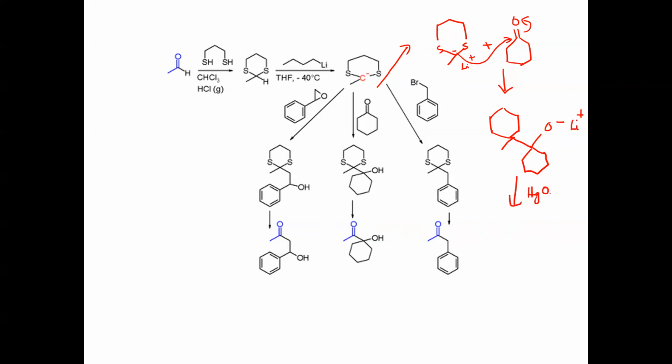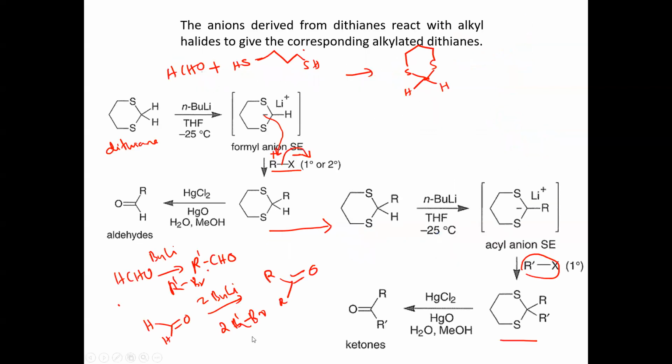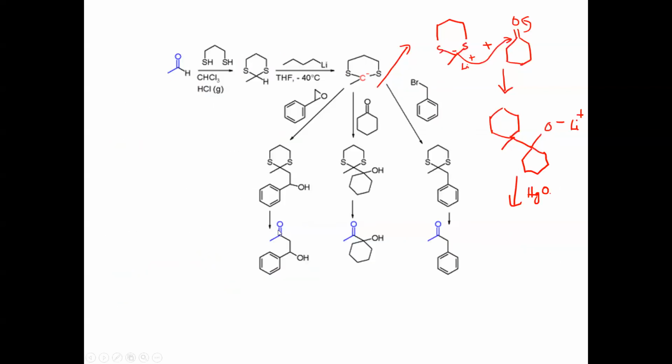Okay, what happens? You have seen that there will be reduction. HgO and water. No, hydrolysis, not reduction. HgO and water will give you this. Here is sulfur, and this whole sulfur group is there.